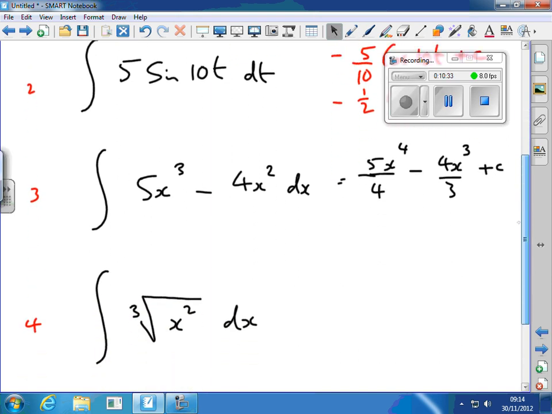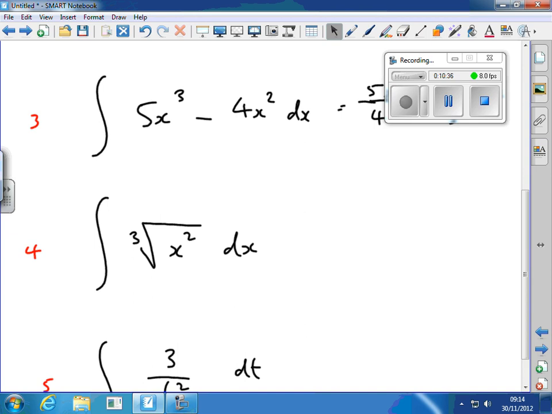Number 4, what have I got to do to this one before I can do it? How do I rewrite that before I can integrate it? x to the 2 over 3. Okay. And now, same thing. So this can get a bit awkward, this one, because we end up with 2/3 plus a whole one, which is 5/3.